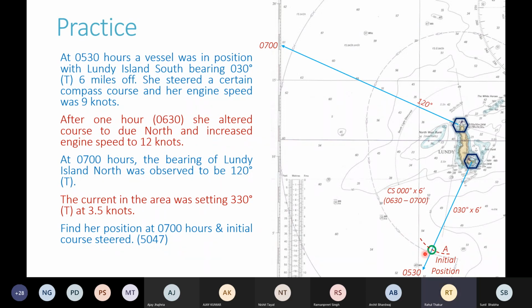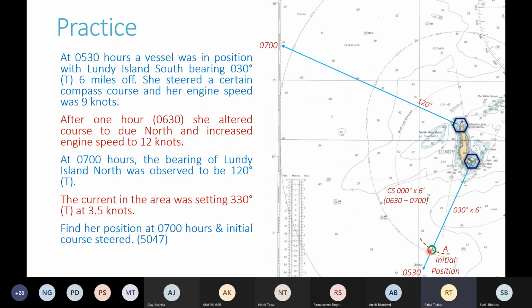So from this point A, which is my initial position at 0530, I'm going to draw this particular course and distance vector. It will be 000 and the distance would be 6 miles.